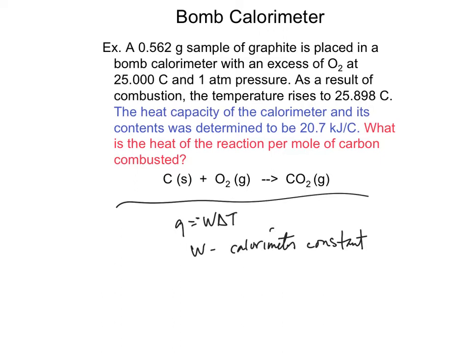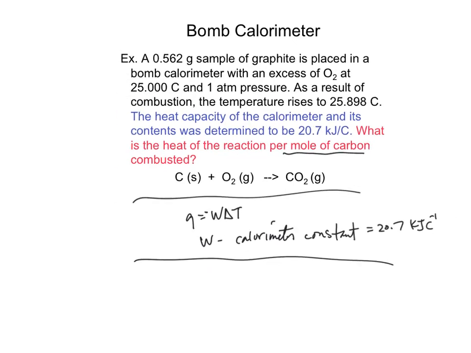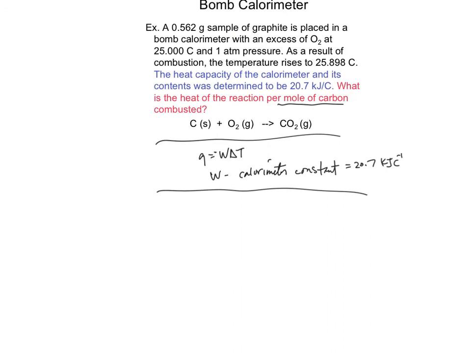So in this case, this is equal to 20.7 kilojoules per degree C. Easy enough. And in the end, notice it says per mole of carbon, so we're going to do that again. We'll see that delta H will be equal to Q divided by n, just like in the last example.